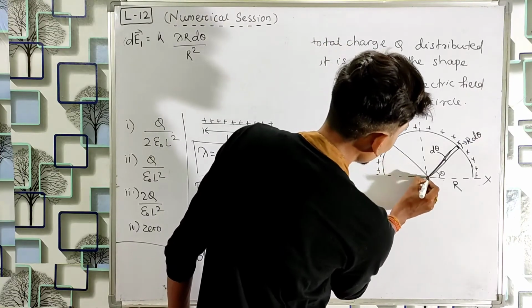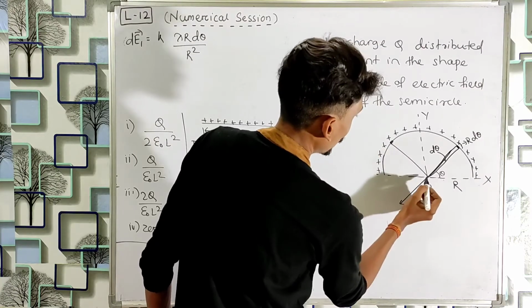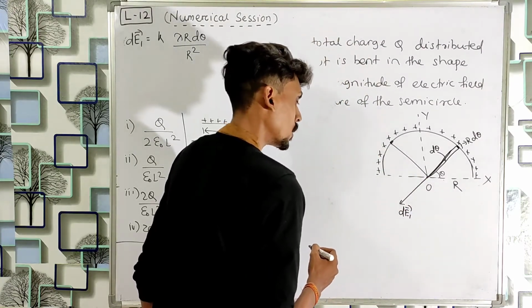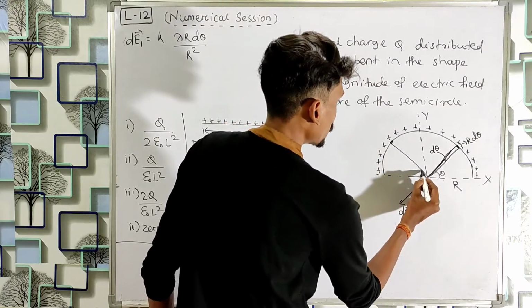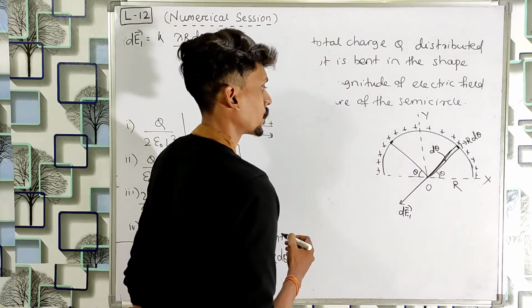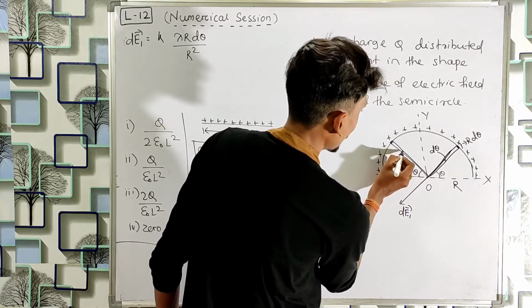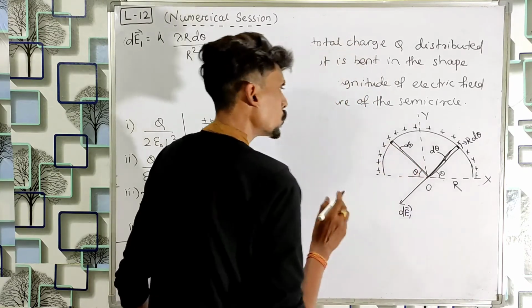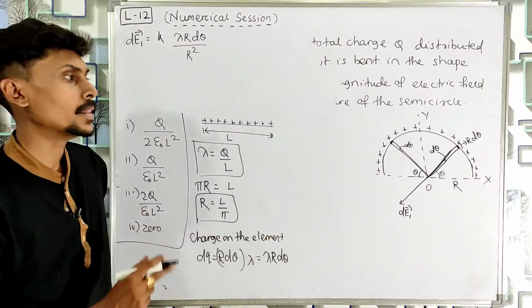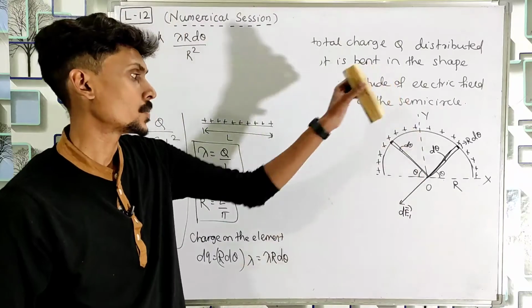If you join this end of the element with the center O, suppose this angle is also theta. This angle and this angle are the same. And this small angle is d theta. Means we choose two identical elements on both sides of the y-axis.